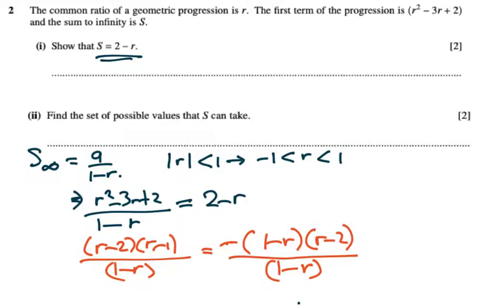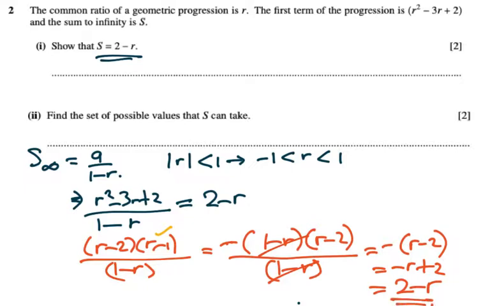Because this one, R minus 1, I take out the negative, I can write it as 1 minus R, so that I can simplify. So when I simplify this, I will get negative R minus 2, which is negative R plus 2, which is same as 2 minus R.